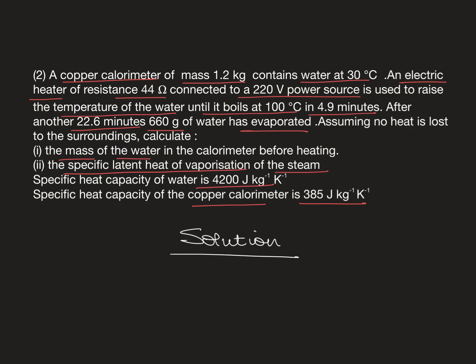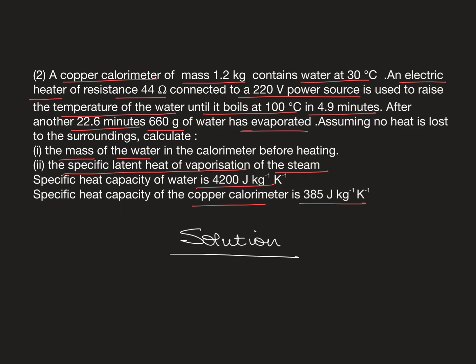To break down this problem, we have water that is initially at 30 degrees Celsius in a copper calorimeter. An electric heater is used to supply heat energy to the water and of course to the calorimeter until the water boils at 100 degrees Celsius in a time of 4.9 minutes.